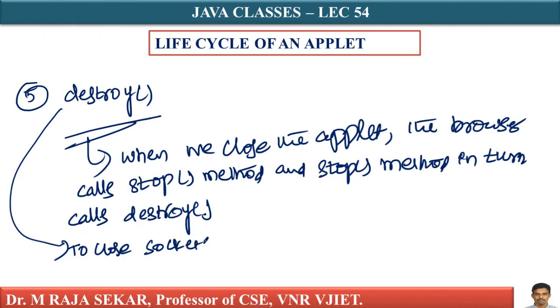I will discuss all these things. What are sockets? To close sockets and network connections, if you want to close a network connection or sockets, I need the destroy method. Init and destroy, this point is important.